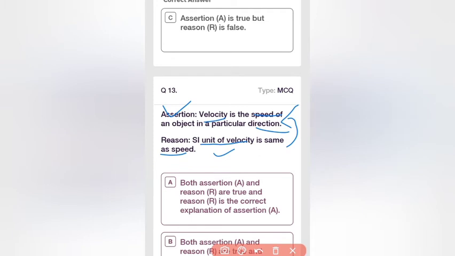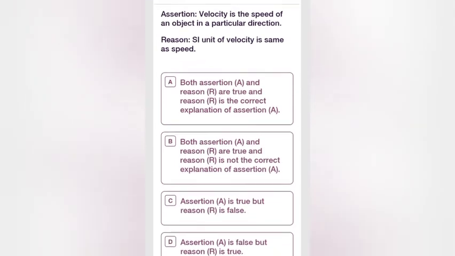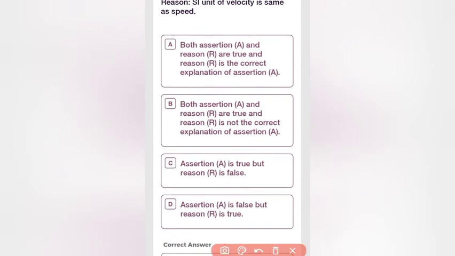No. Both are true, but reason is not the correct statement of assertion. So it must be option B. Option B is the correct answer. Assertion is true, even reason is also true, but reason is not the correct explanation of assertion. Okay? Option B is the correct answer.